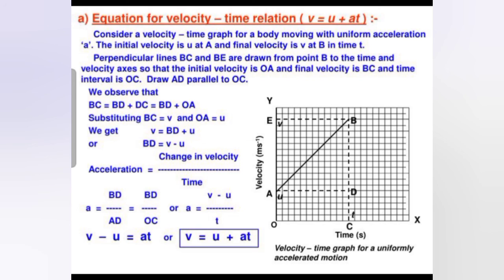So we get the first equation, v − u = at, or v = u + at. Students, in this way we can derive the equation for the velocity time relation, v = u + at. Hence this is the first equation of motion, and this is how we get it from the velocity time graph. So this is all about the equation for the velocity time relation.